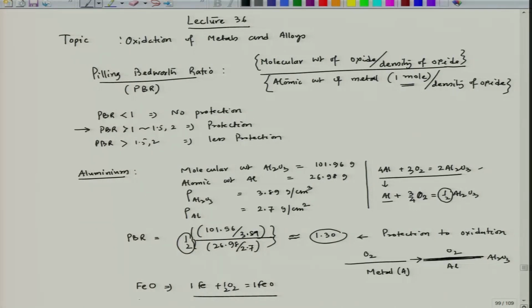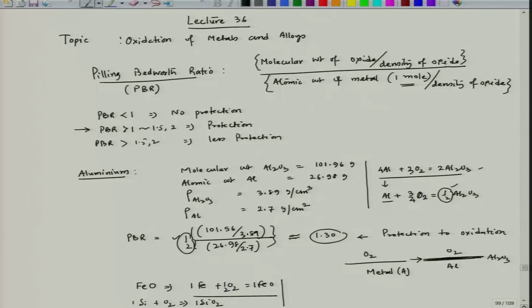Similarly, in some cases, for example, Si plus O2 equal to SiO2, it is still 1 mole and this factor would be 1. In all those cases the PBr ratio becomes very straightforward, and we only have to consider the molar volume of that oxide and the molar volume of the metal.